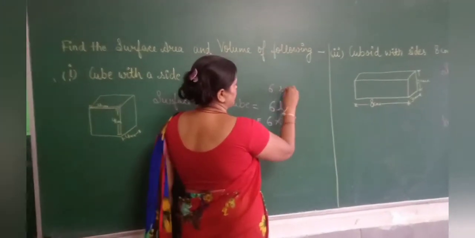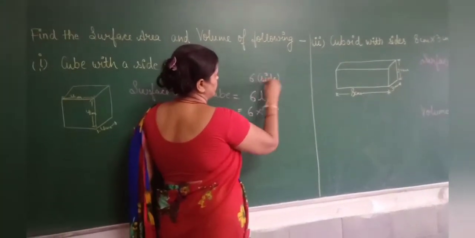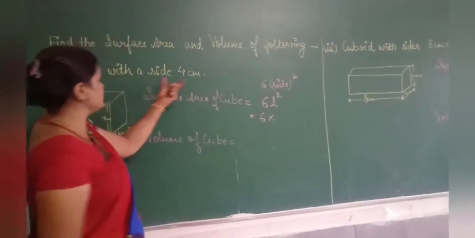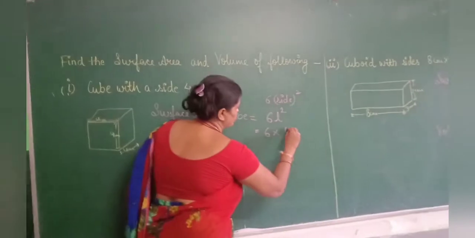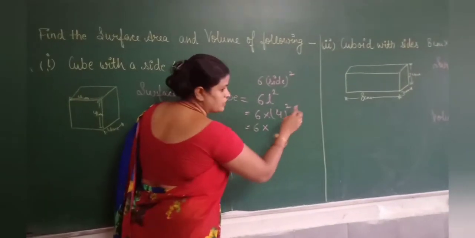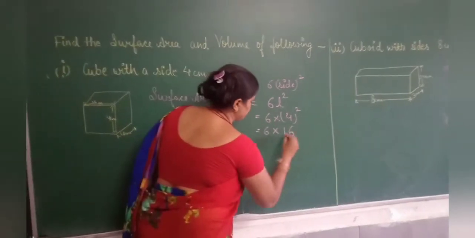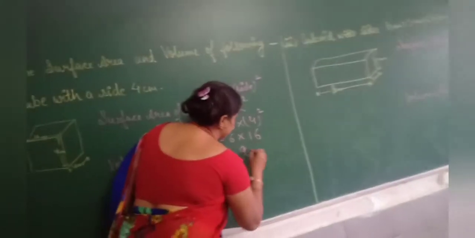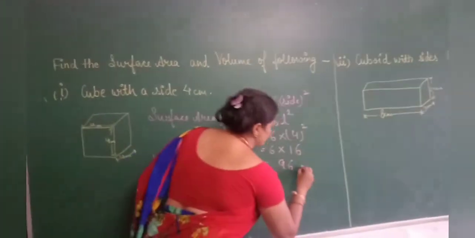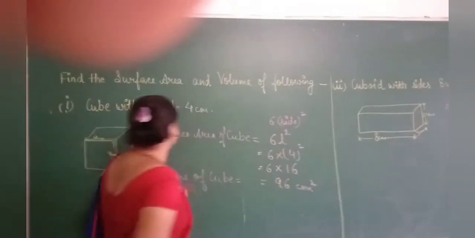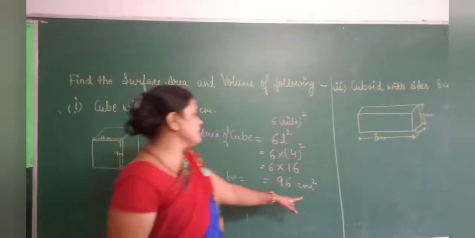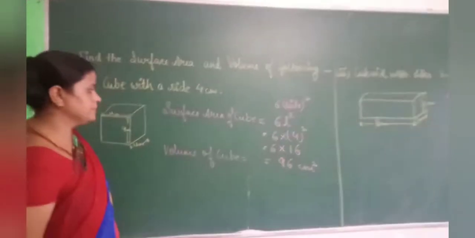The side is given as 4 cm, so 6 into 4 square. 4 fours are 16, 6 sixteens are 96, and the unit is centimeter square because this is area and area is always in square.